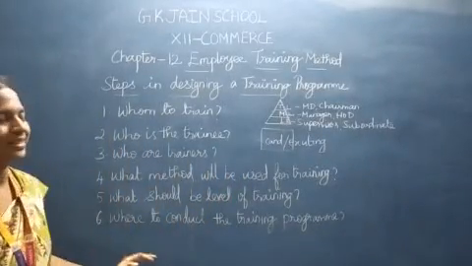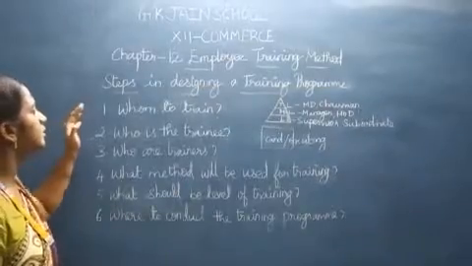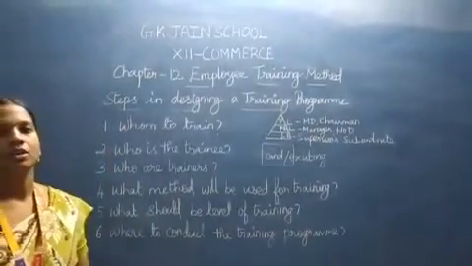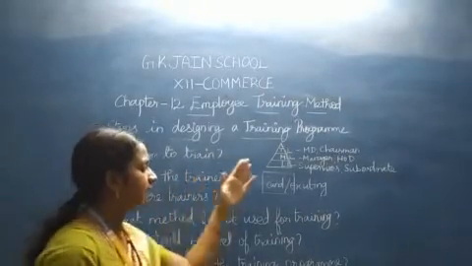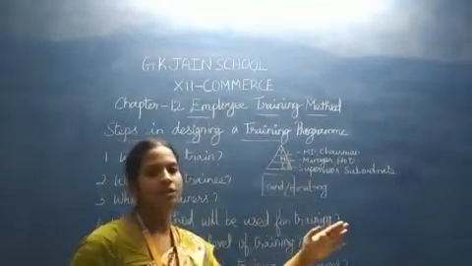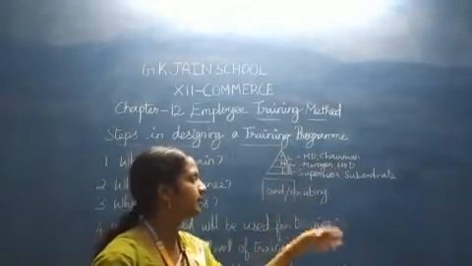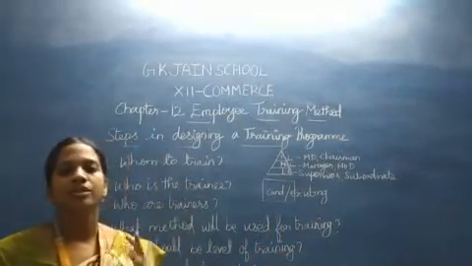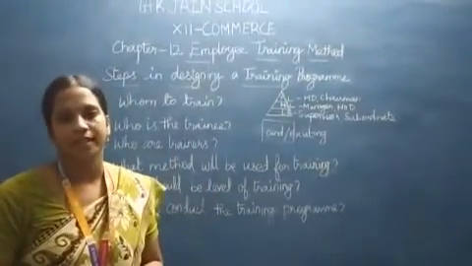Now we move on to the steps in designing a training program. The first step is whom to train. We have different people: the managing director, chairman, CEO, manager, head of each department, supervisor, subordinate. The company should decide to whom the training is to be provided.